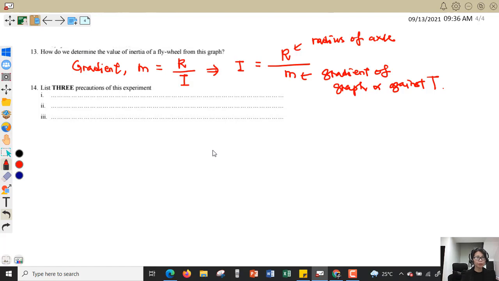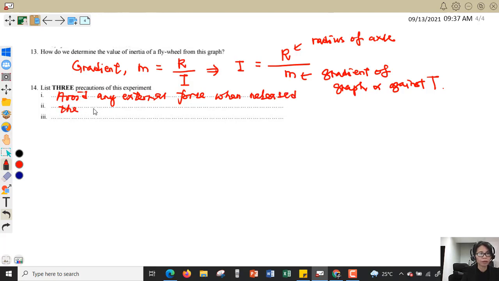Question 14, we have to list 3 precautions of the experiment. So when we do the experiment, what precaution steps do we need to take? First, we have to avoid any external force when releasing the slotted mass.